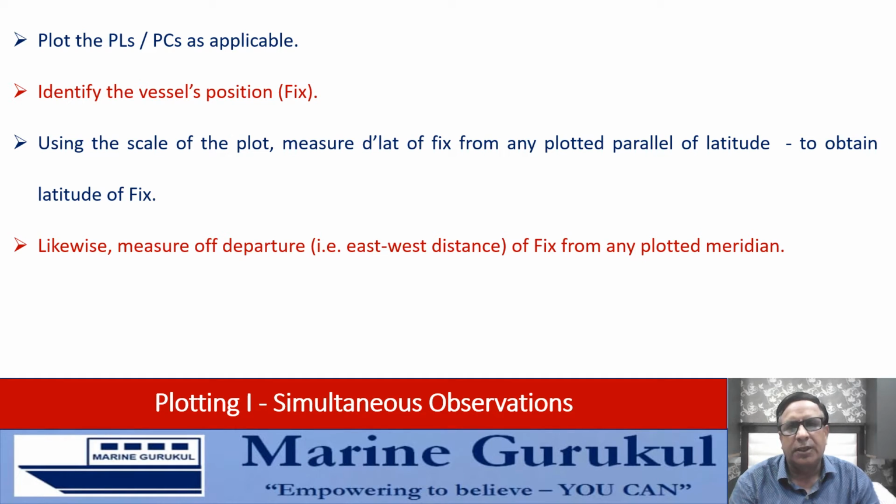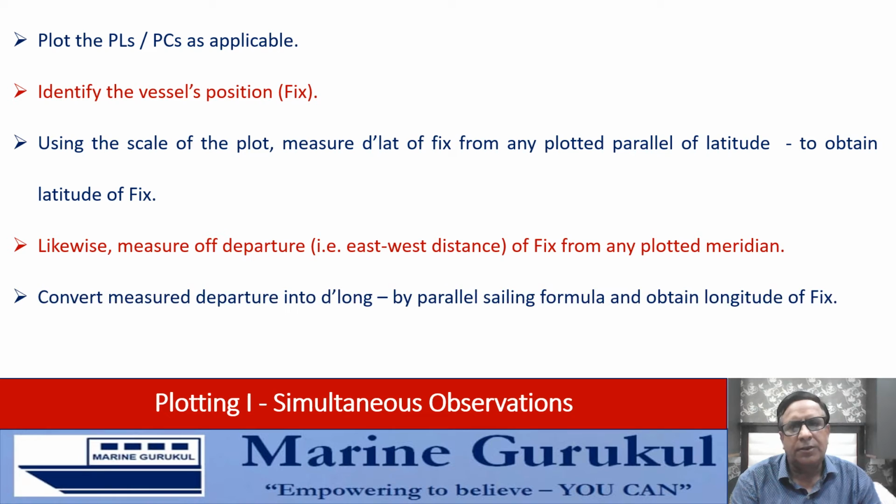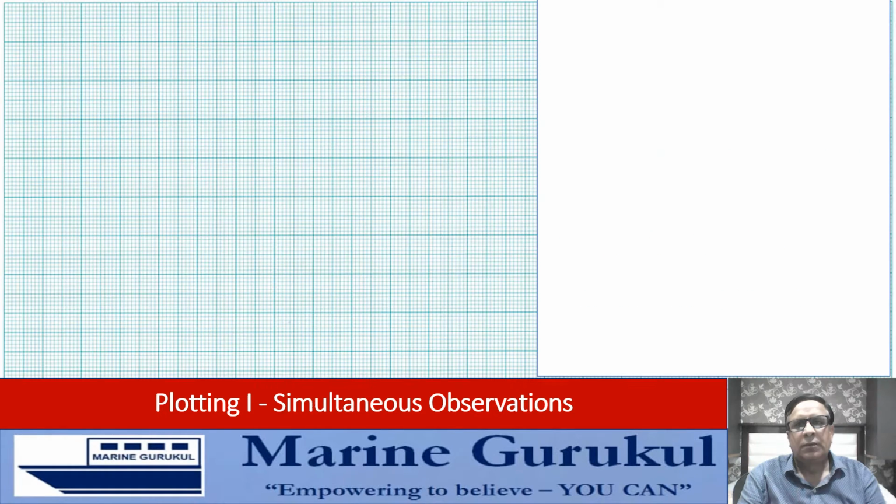This departure can be converted into d long using the parallel sailing formula, and once the d long is obtained, the d long can be applied to the longitude of the meridian from where the departure was measured, and that shall give us the longitude of the fix. So this way, the fix having been identified on the plot, its coordinates can be obtained in latitude and longitude.